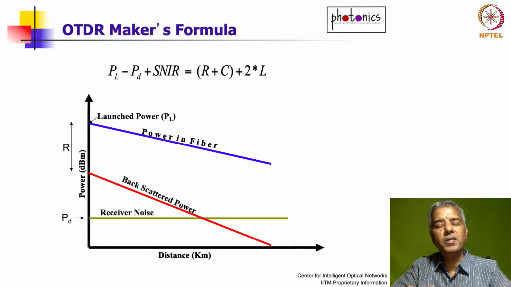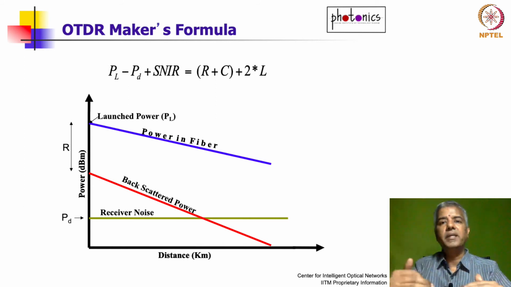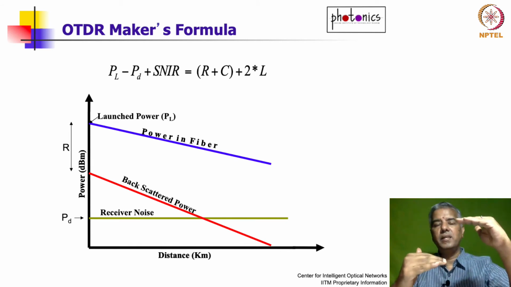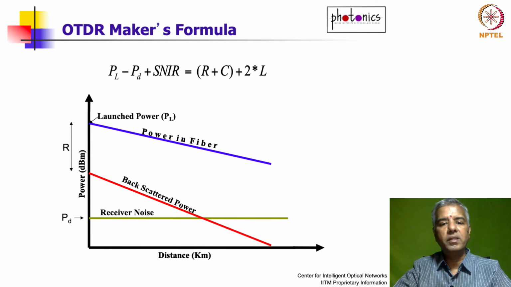So the noise floor also increases, because every time you are accumulating noise, but that increases only at root of n, whereas the signal increases as n. So overall, the signal to noise ratio improvement you get is root of n, where n is the number of pulses that you have sent, or in other words, the number of averages that you have done.